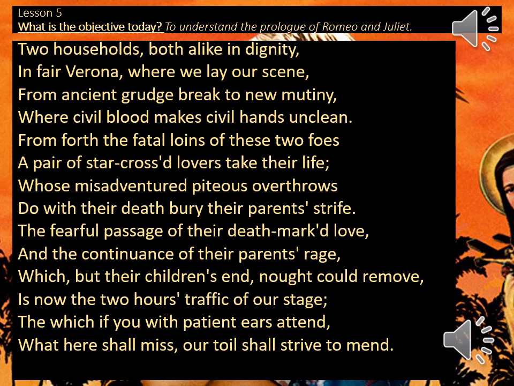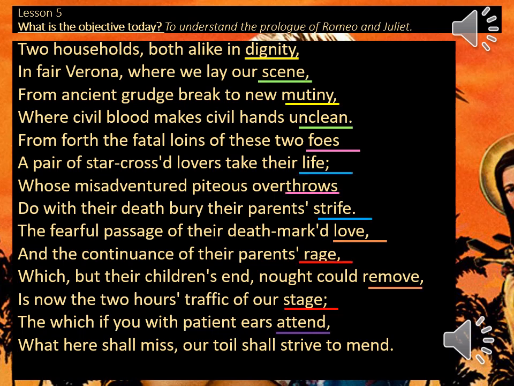What you may have noticed with this prologue is the end word of every other line seems to rhyme. There's a pattern there. If we take the first line and call that line A, the end word of that is dignity.